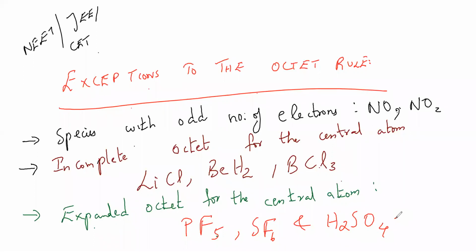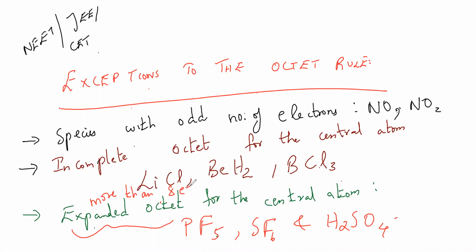So guys, for example, the expanded octet, what does that actually mean? In a valence shell, what does it actually mean? Expanded octet means what actually? More than 8 electrons. Correct? Obviously, octet meaning 8.